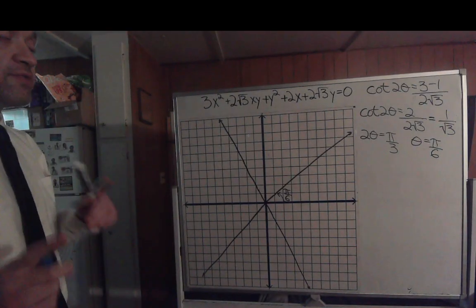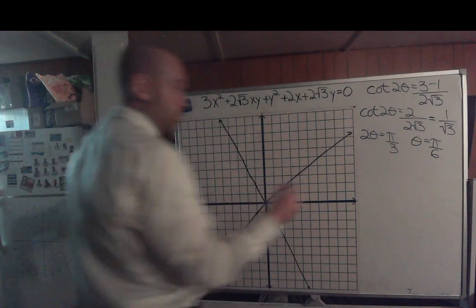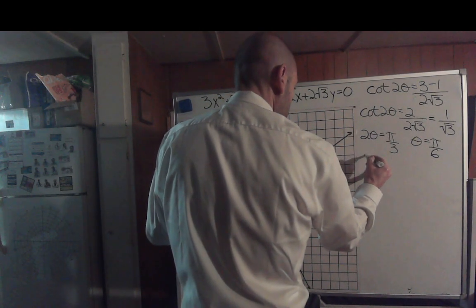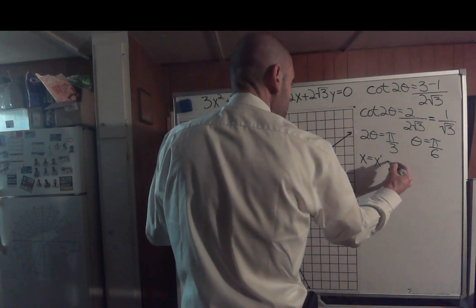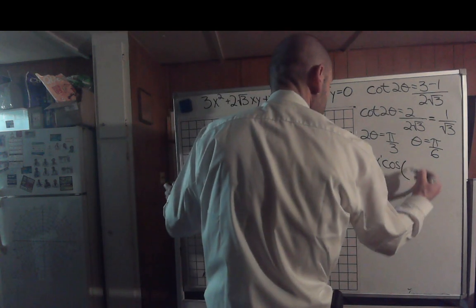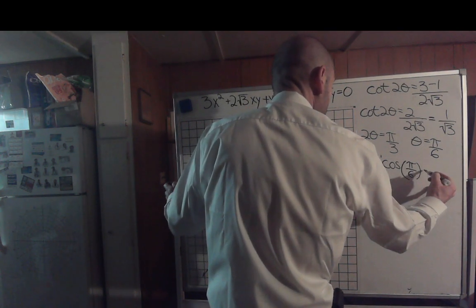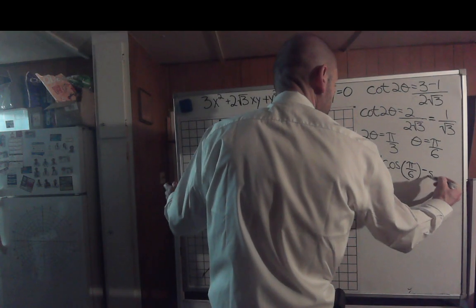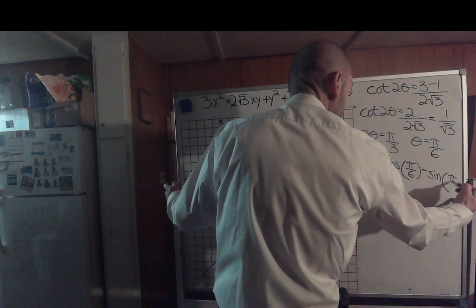Alright, so now we've obtained our angle, let's obtain our special equations for x and y. So x always equals x prime times the cosine of theta, which is going to be the cosine of pi over 6, minus the sine of theta, which would be the sine of pi over 6.